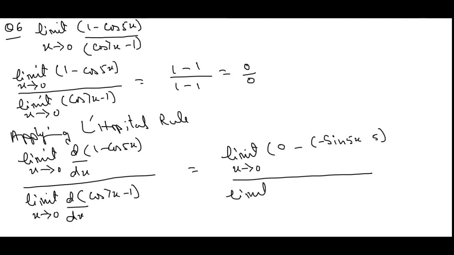Limit x approaches 0, minus sine 7x, then the derivative of the angle, which is 7, and it is 0.